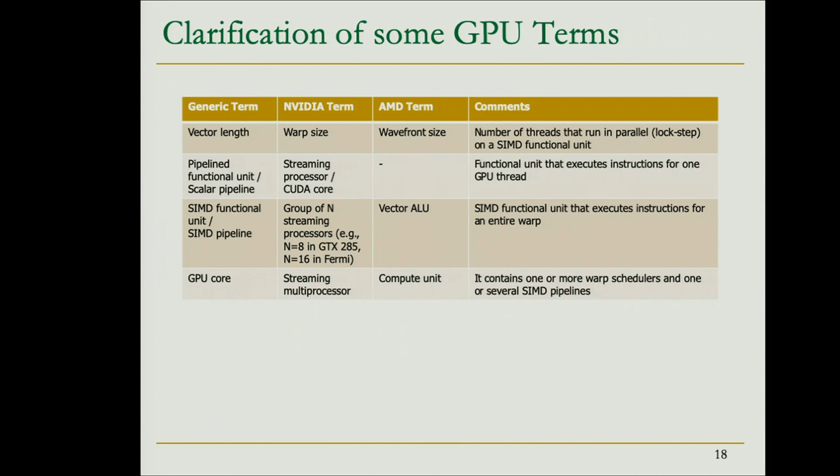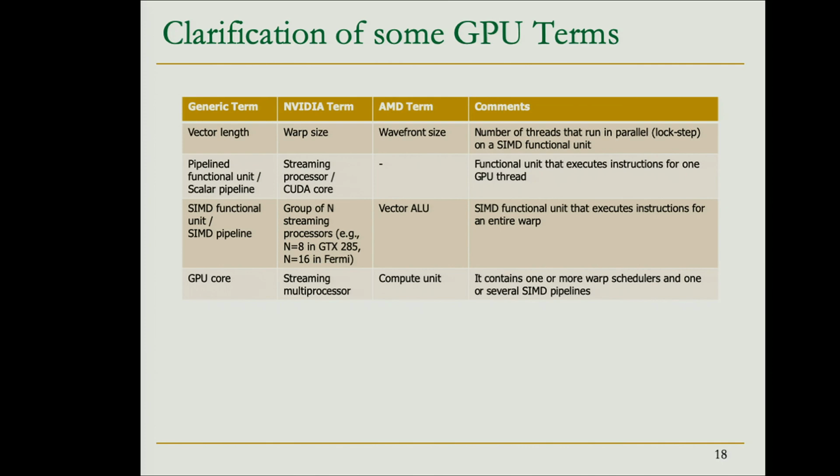warp 4, warp 5. This slide, very quickly, is just for you to have as a reference, because as you can see, I'm actually mixing a lot of terminology here. I'm talking about the NVIDIA terminology. I could also talk about AMD terminology, and then we have the generic terminology, which is what we would really need to use, but it's also good that you are familiar with the terminology of the different vendors.